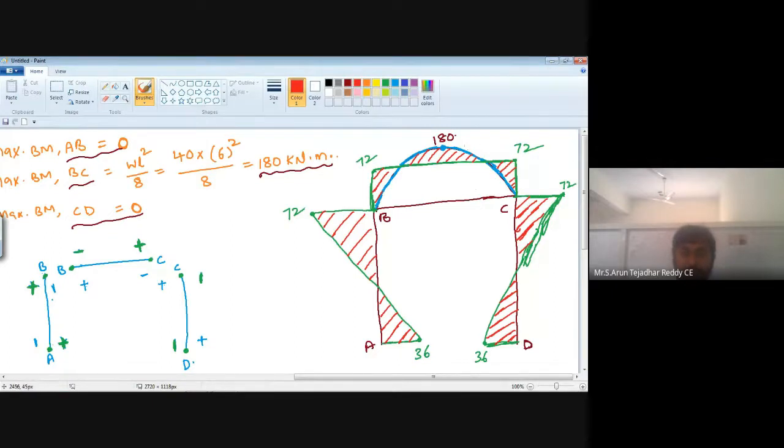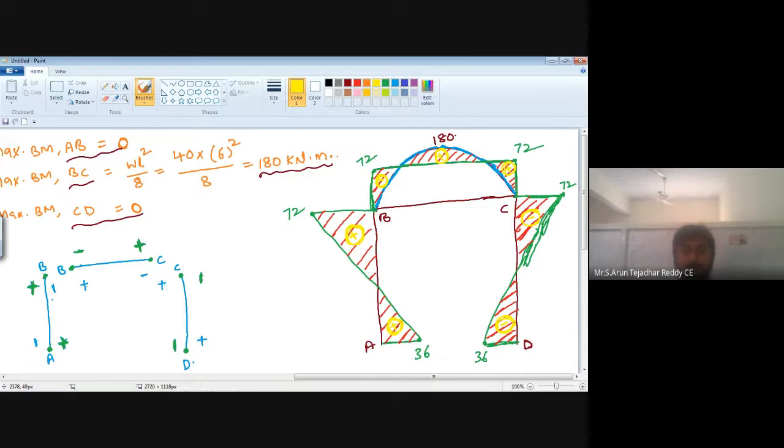So this is your final bending moment diagram. In that, here it is plus, and this is also plus, and here it is minus, and here it is plus, and here it is minus, and here it is also minus, and this is our positive maximum bending moment diagram.